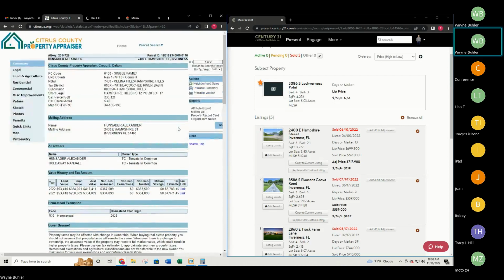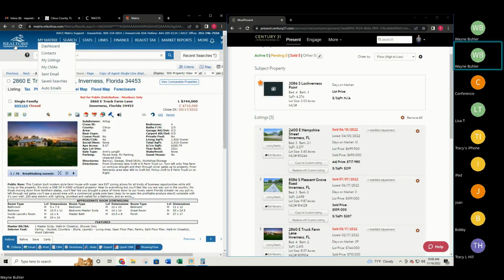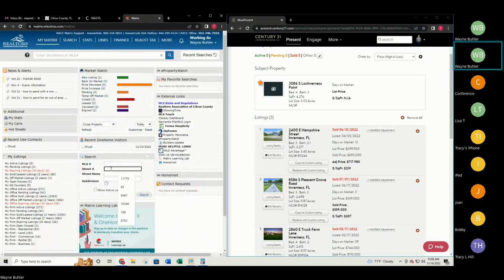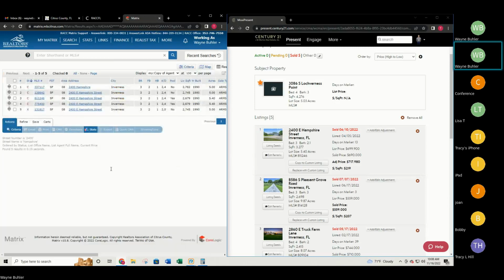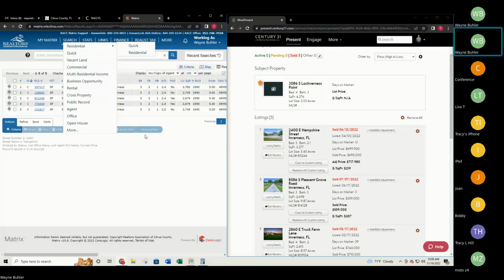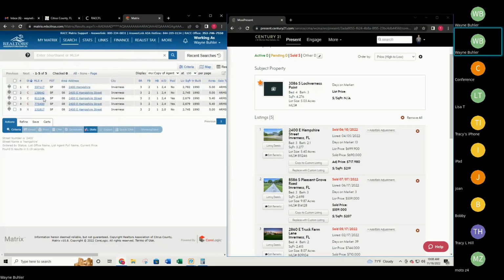So again, I'm using actual age here, but just to be safe, I'm going to pull up 2400 Hampshire, because if this has been fully remodeled, I'm going to give money to my parents' house, which was built in 1990. But we're about to see that may be a bad adjustment to do.